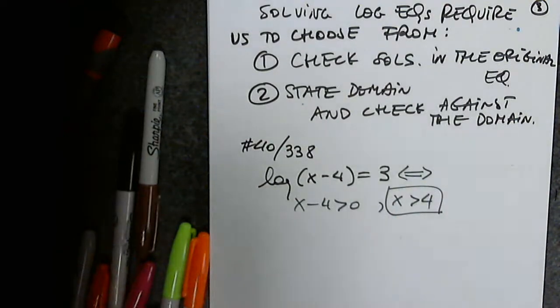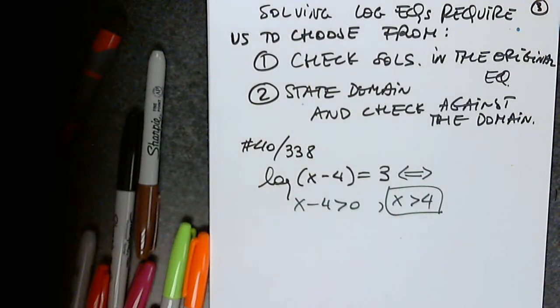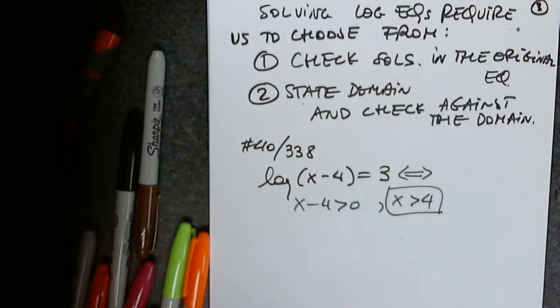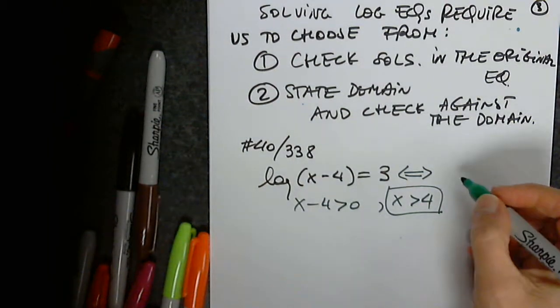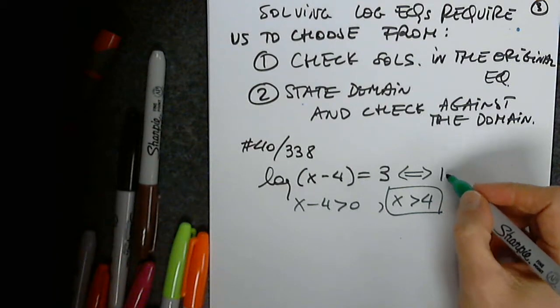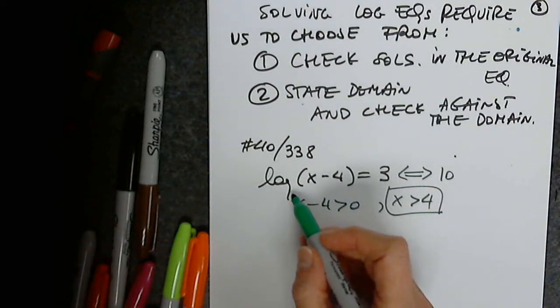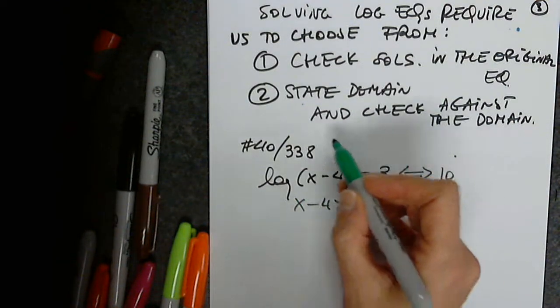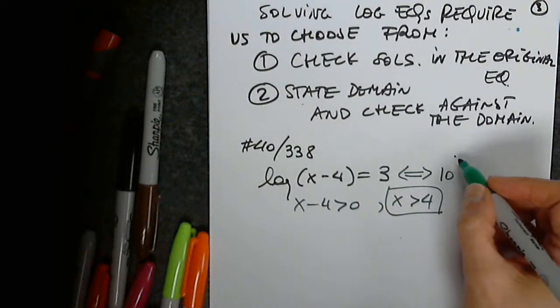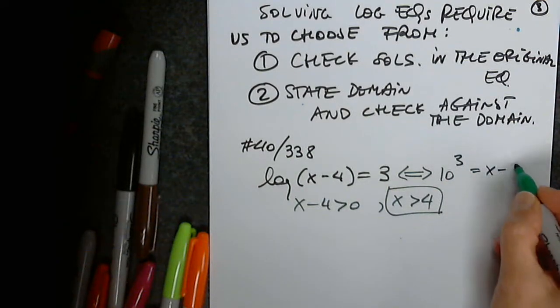Okay, so then I have no idea how to solve this, but I know I can change it into an exponential equation. How? Counterclockwise. I start with the base and go counterclockwise. 10 to the third equals x minus 4. Good.